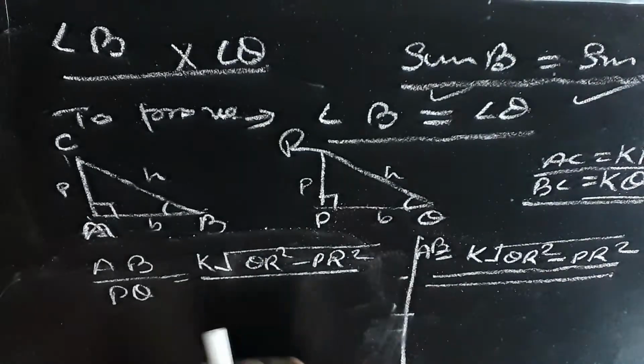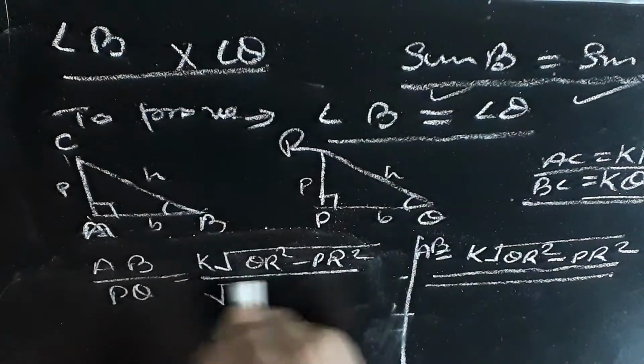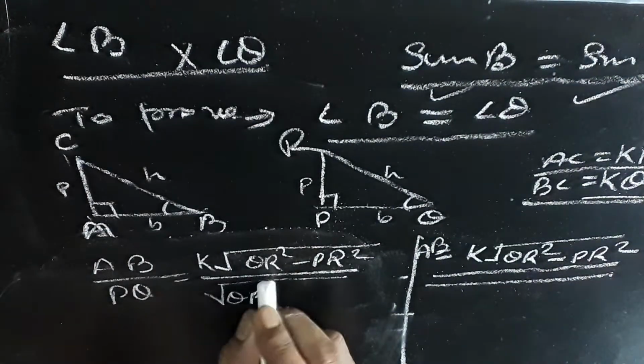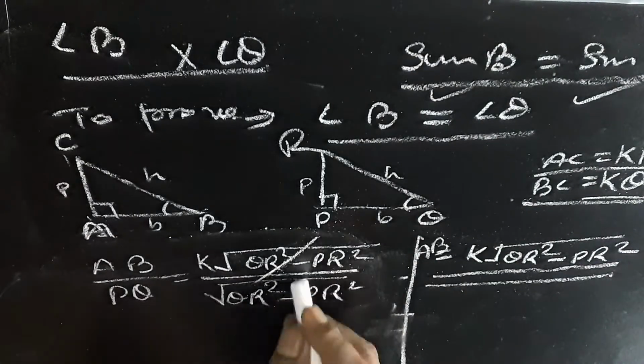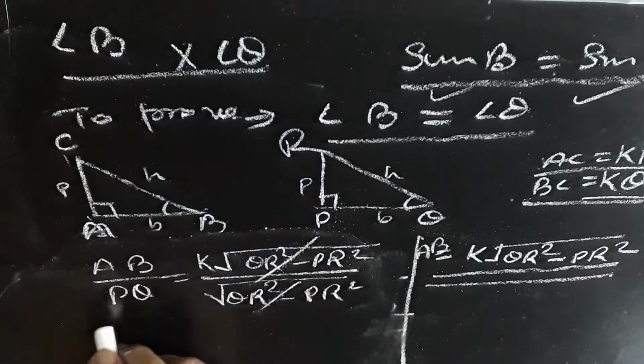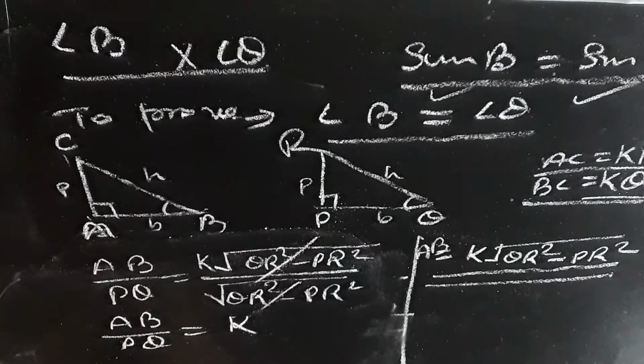From this triangle, in place of PQ, we can write root over QR square minus PR square according to Pythagoras theorem. This and this will get cancelled. Then we are left with AB upon PQ. This is also equal to K.